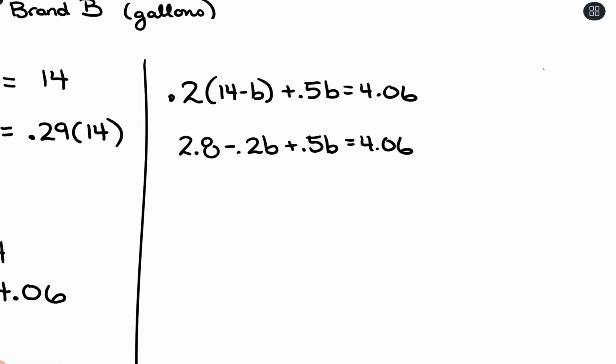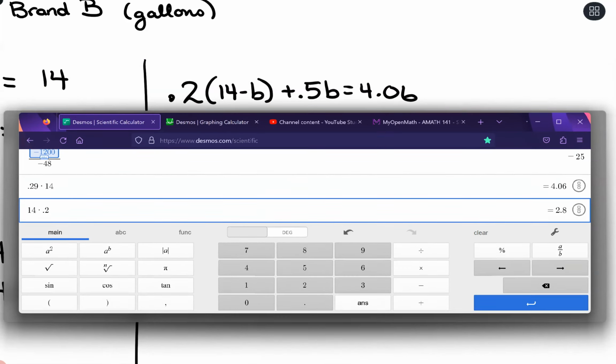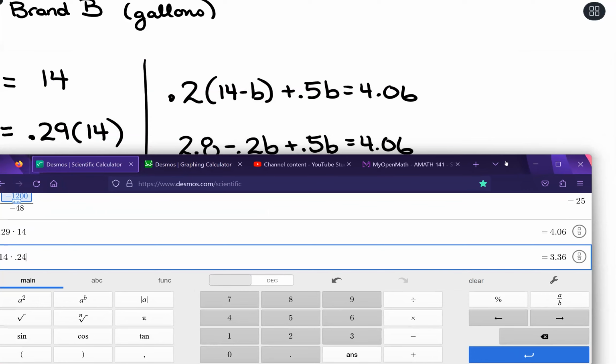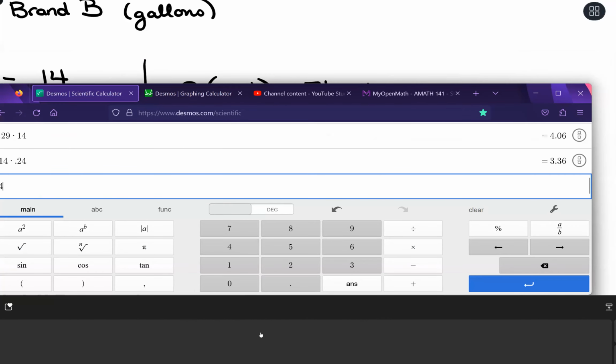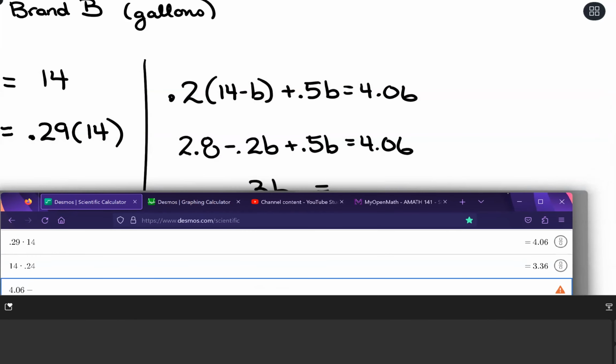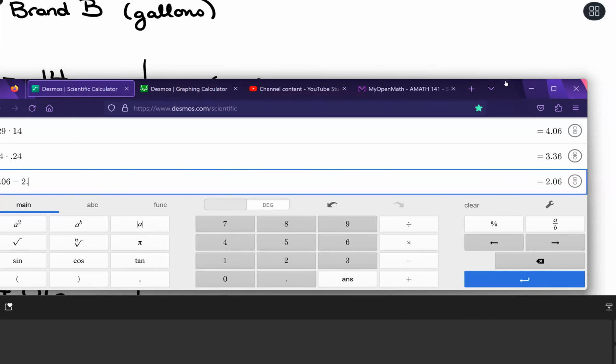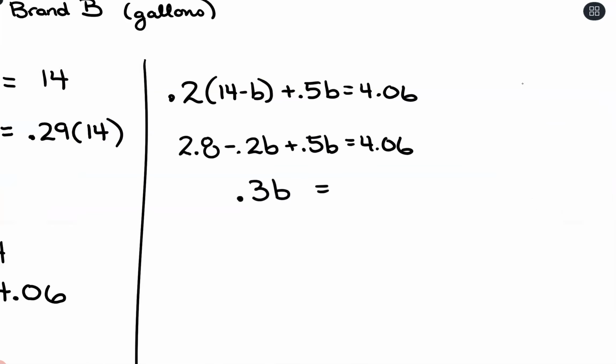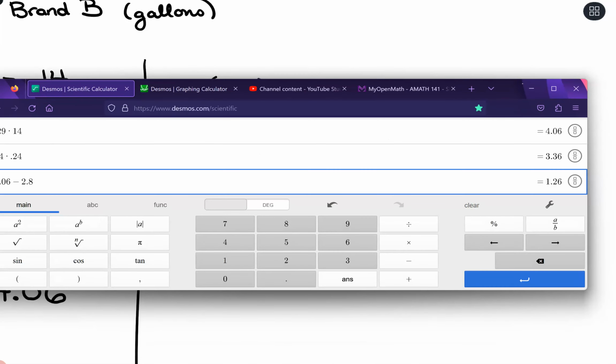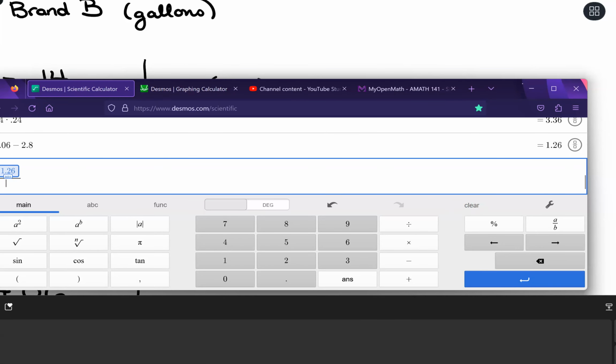And we will have 0.3B equals 4.06 minus that 2.8, which is 1.26, and then divide by 0.3, for 4.2.